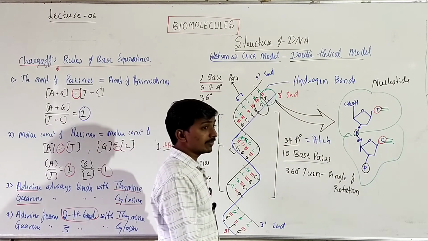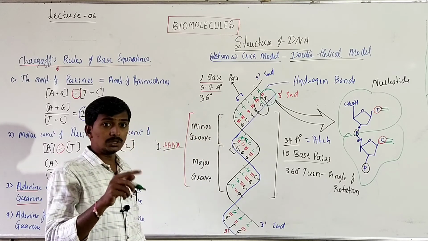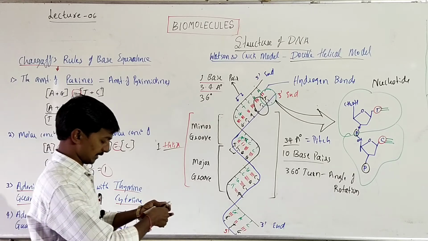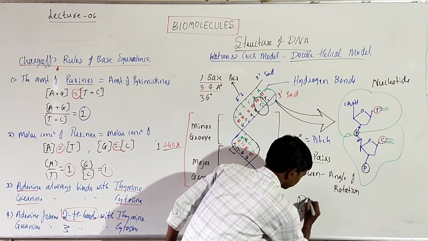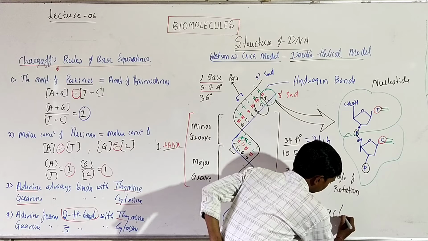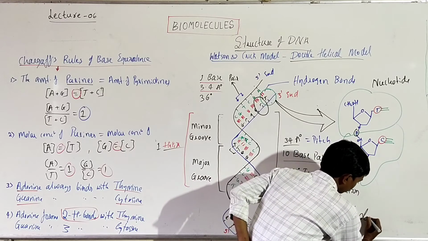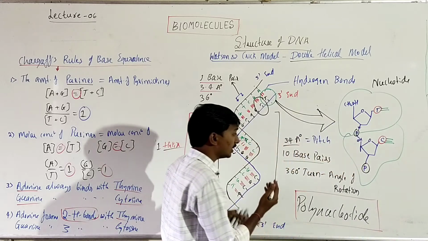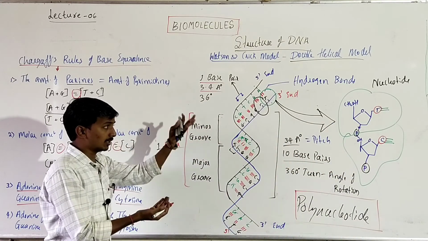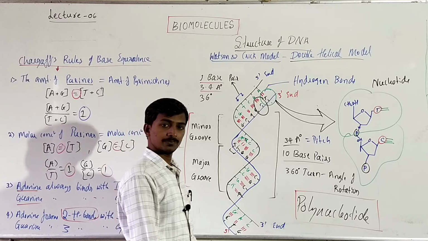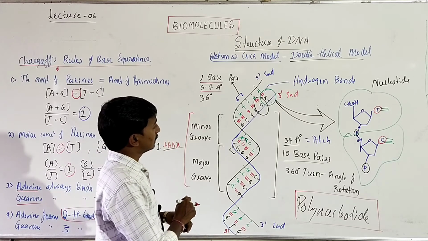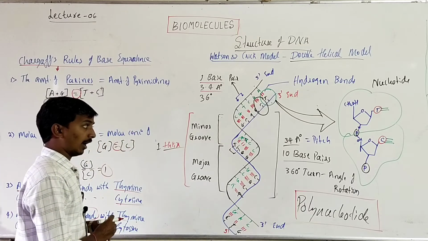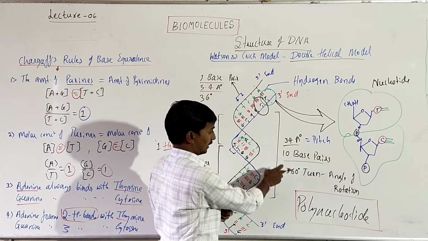Like that, it will form a polynucleotide. Then it is called a nucleic acid, a DNA or a RNA. Right? So remember the brief structure of our DNA and remember this data.